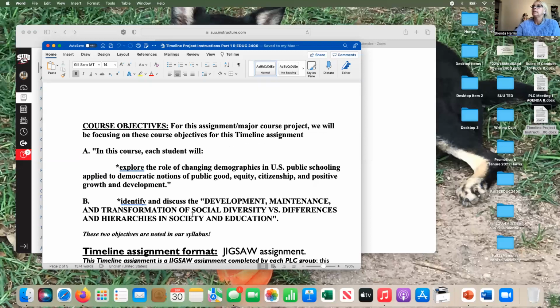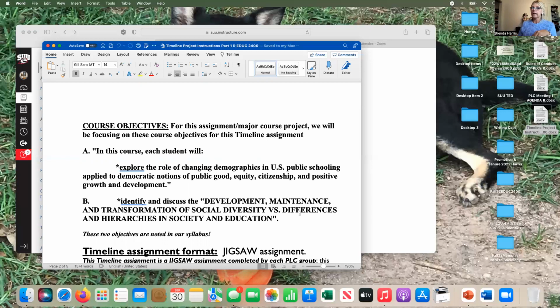And we're going to be discussing the development, maintenance, and transformation of social differences versus diversity. You know about that. So the topics that we're going to explore are based on social differences, and you're going to see that education has not been equitable based on those social differences.